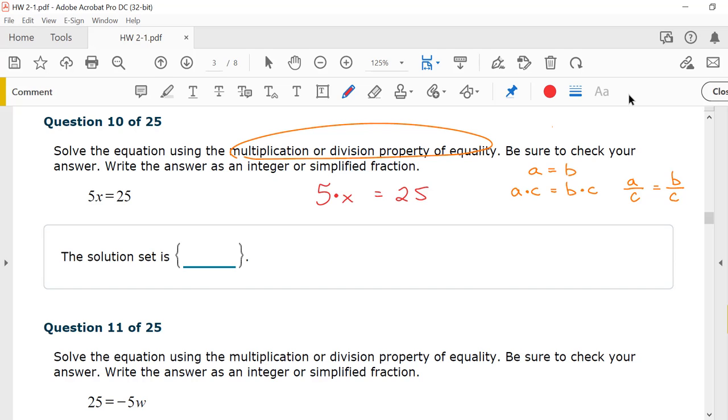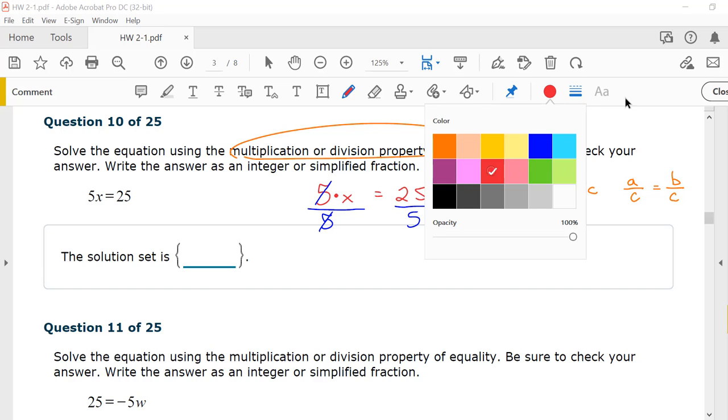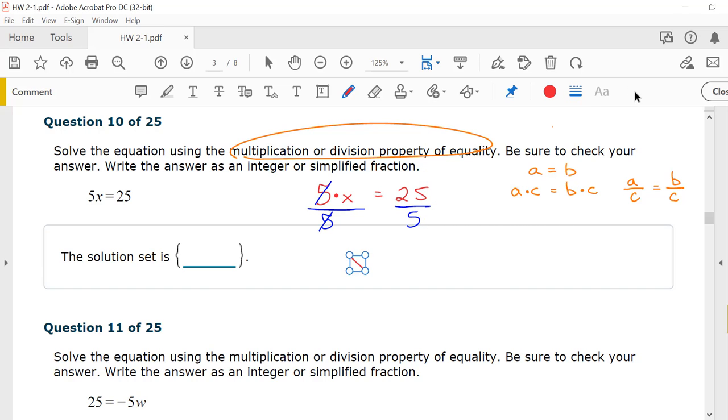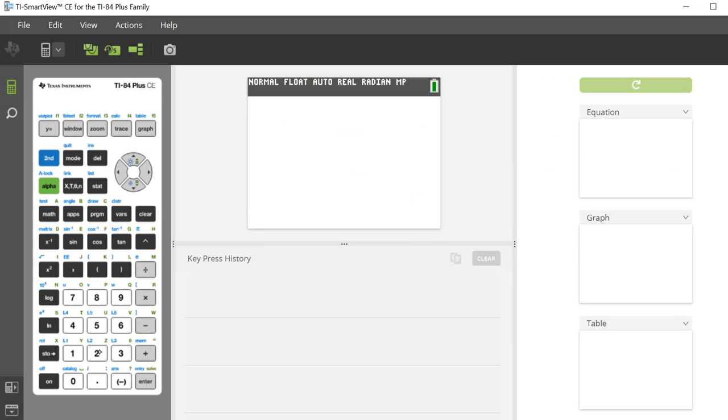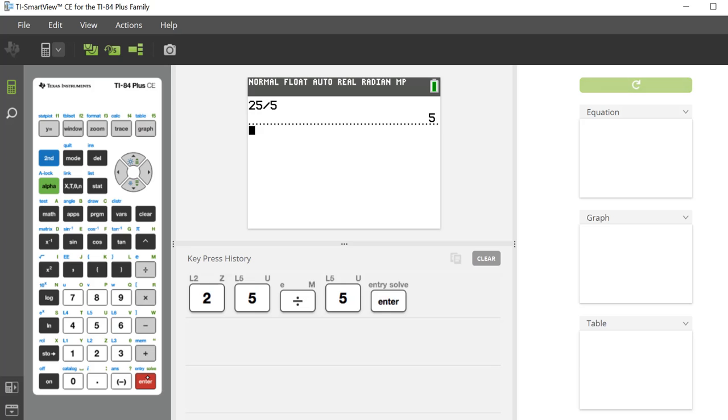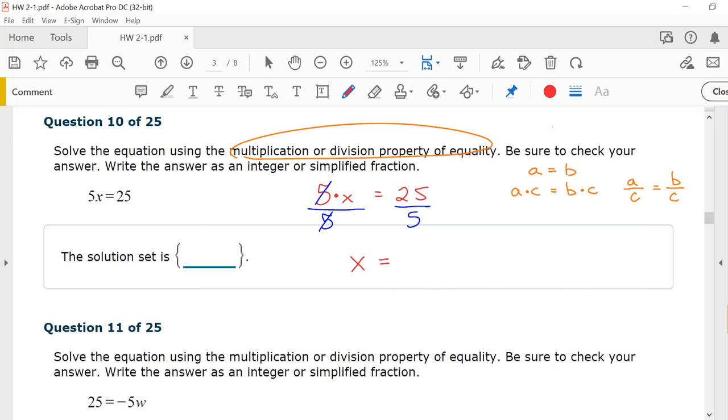So to get the 5 away from that x, I need to divide both sides by 5, because 5 divided by 5 is 1. So I'm left with x equals, and on the right, 25 divided by 5 is just 5. The solution set is 5.